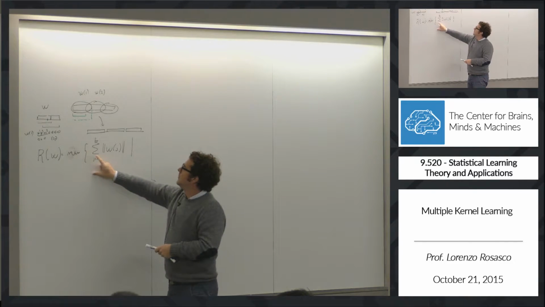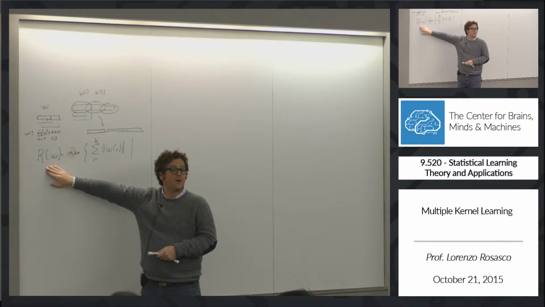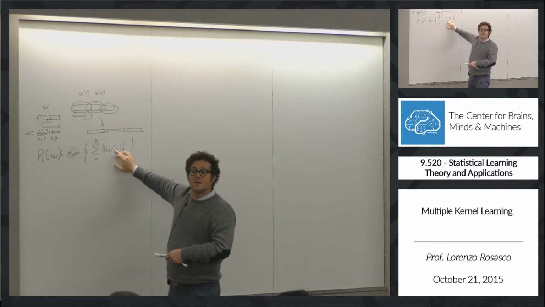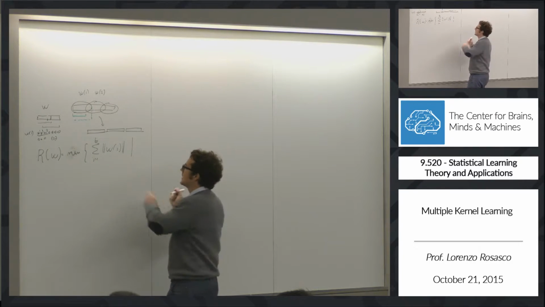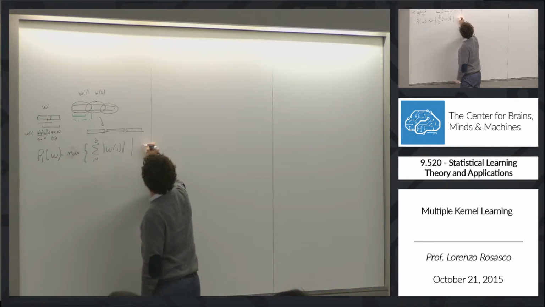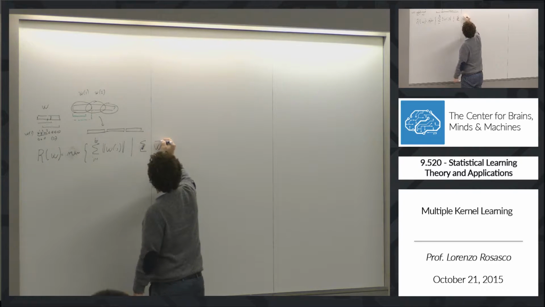So to define a well-defined functional here, actually a norm, among all the possible ways you have to disintegrate the vector W in pieces, you want to take the one that gives you the smallest norm. So you take, and I need a little bit of notation.